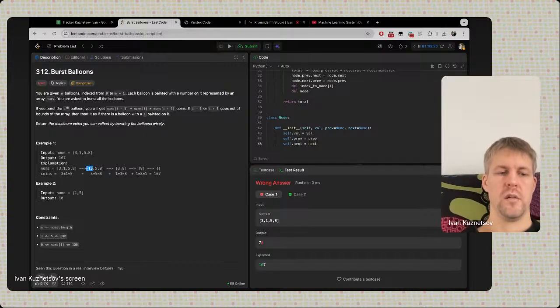So basically multiplying 1 times 3 times 5 will get us a worse result than multiplying 3 times 5 times 8. And this is actually reasonable because if we remove 5 here, the 3 will be multiplied not by 1 times 5, but it will be multiplied by 8.